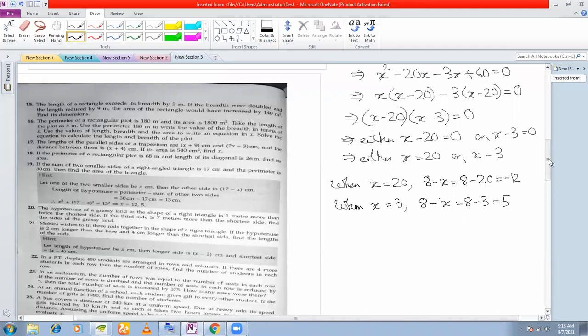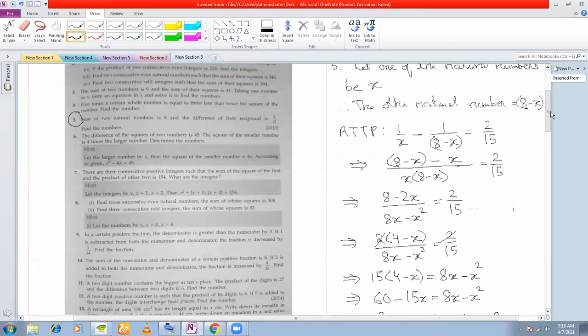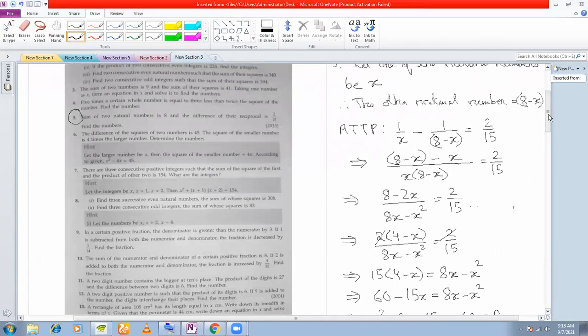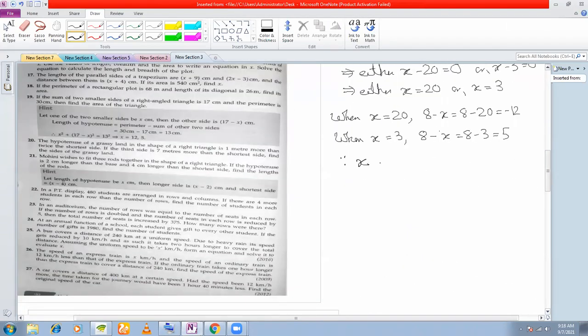Now, I would refer back to the question and see whether they are talking about positive numbers. They are saying sum of two natural numbers. So therefore, since x and 8 minus x are natural numbers, x is equal to 20, with 8 minus x equal to minus 12, is not acceptable.